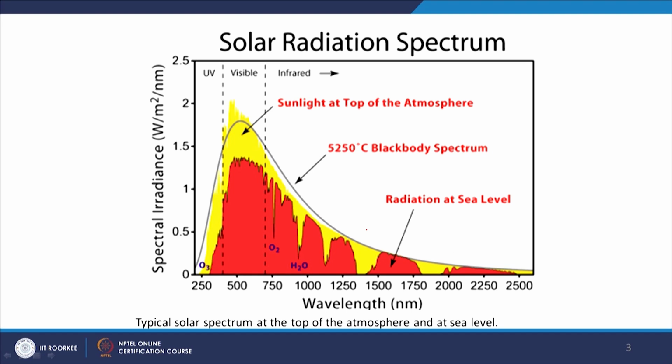But when the sunlight hits the earth's surface, it feels the scattering from the atmosphere. So, the radiation at the earth's surface is a little bit different from that at the top of the atmosphere.